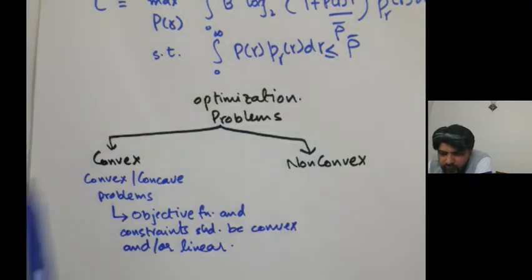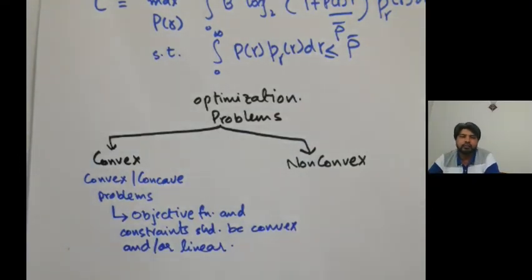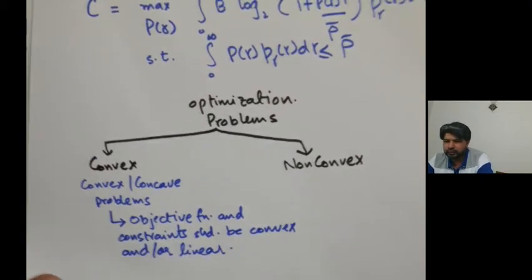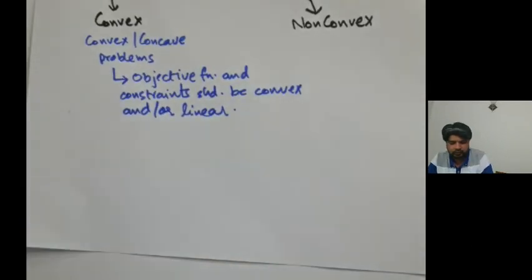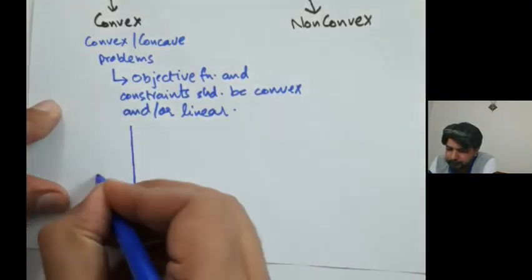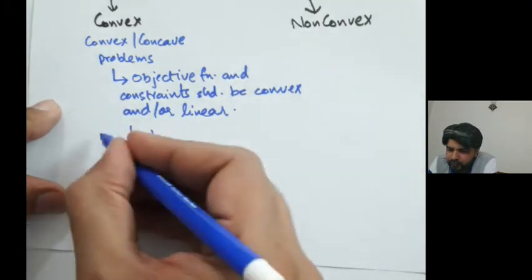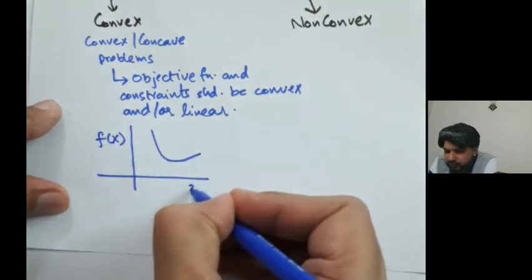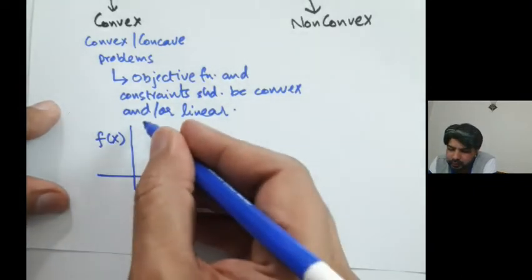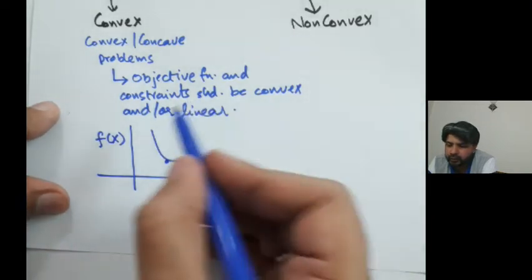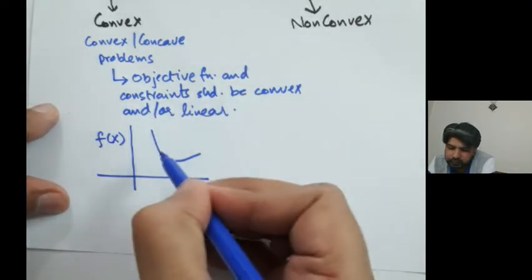So your objective function as well as the constraints must either be convex functions or linear functions. Suppose you have a function f of x and you want to solve it. Suppose this is your function f of x, you can see that this is a convex function. It has only one global minimum, and you can solve this problem by different methods.